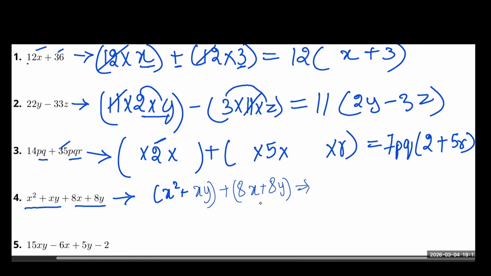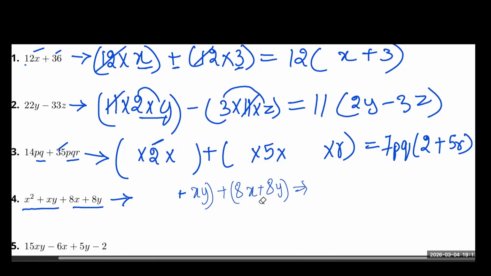Now here, x squared plus xy: what can we take common? x squared can be written as x into x, correct? If you take x common, what is the left part? x plus y.